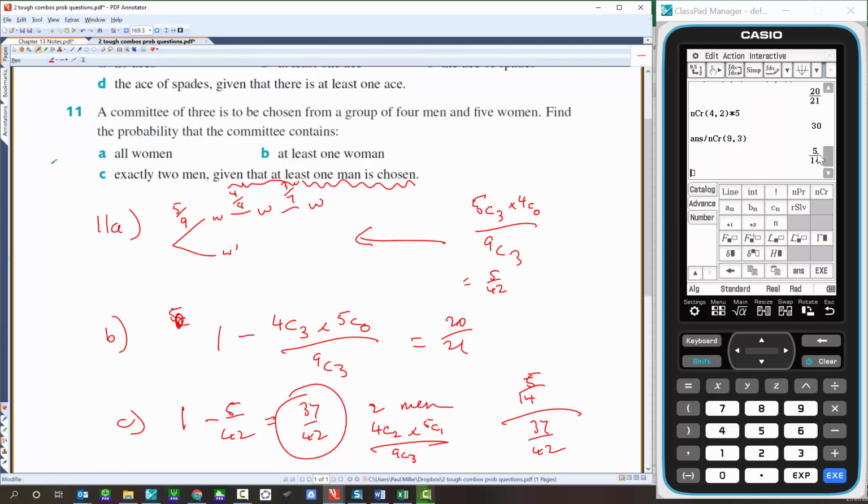Then to finish this off, we simply take that and divide it by 37 on 42. We get 15 on 37.